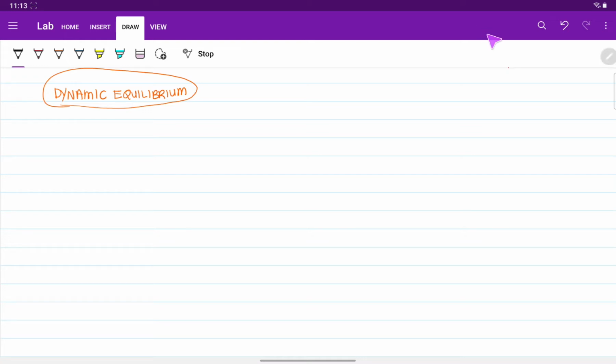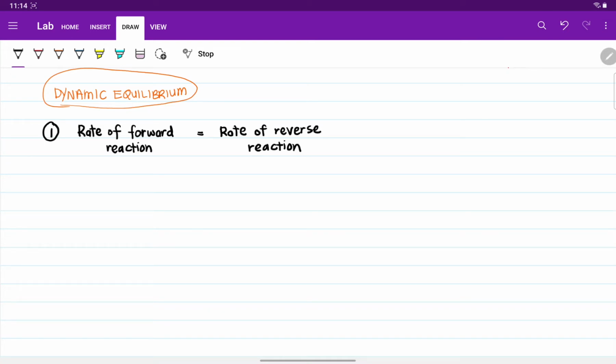The first one is the rate of forward reaction equals the rate of reverse reaction. Kadar penghasilan produk adalah sama dengan kadar penghasilan reaktan.